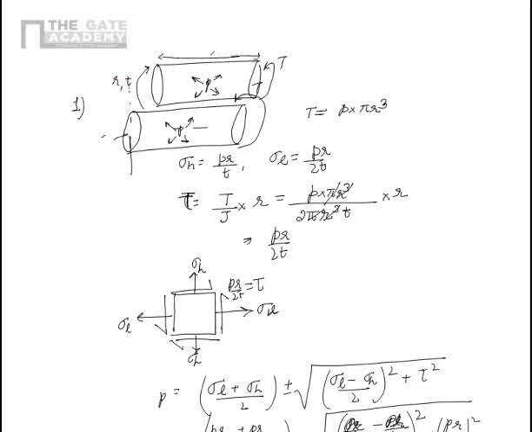This is L. Now the hoop stress is PR upon T, longitudinal is PR upon 2T, tau is T upon J into R. J is 2 pi R cube T. So tau is T upon 2 pi R cube T into R, which is T upon 2 pi R square T.